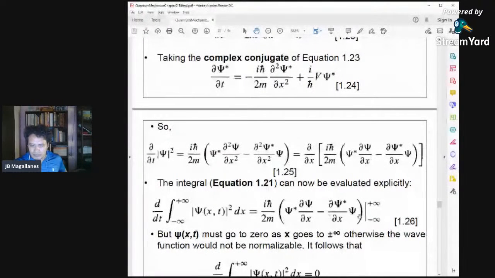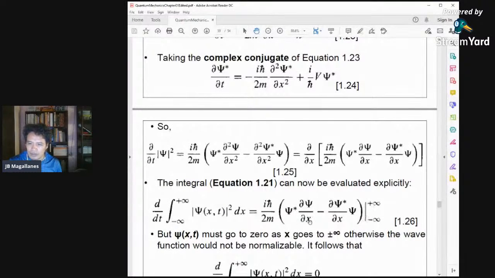So you will be left with this function, and you evaluate it from negative infinity to positive infinity.